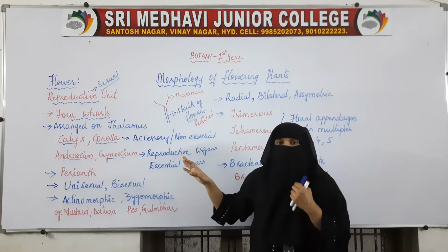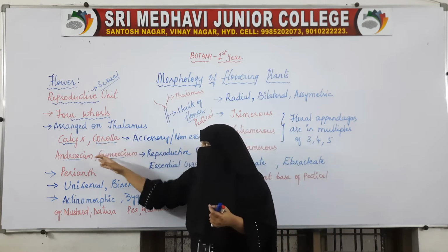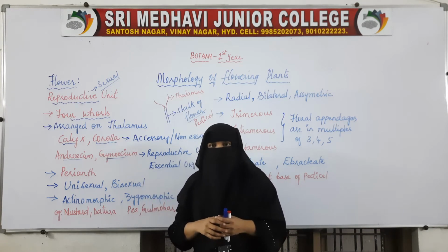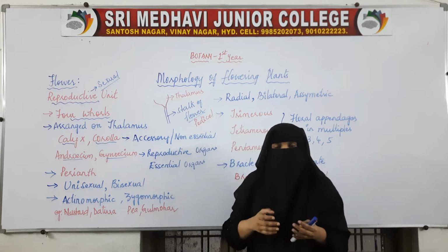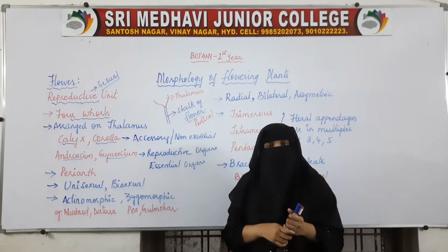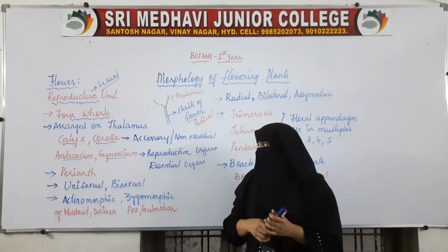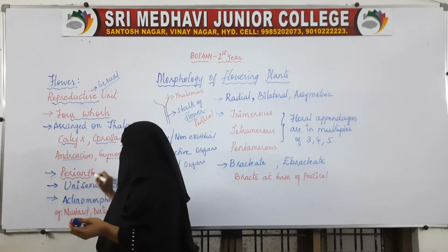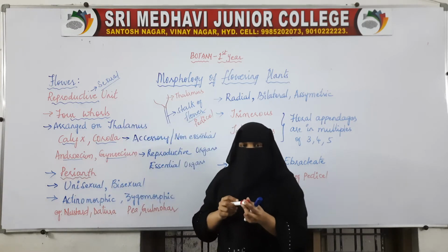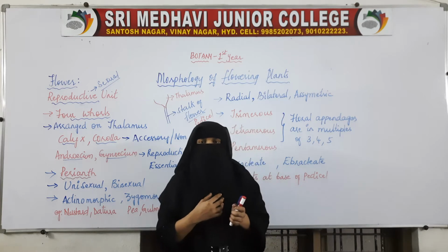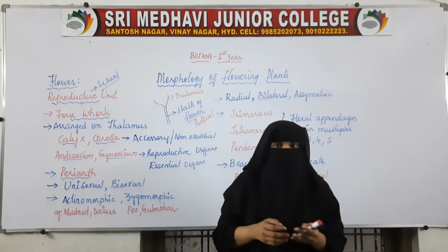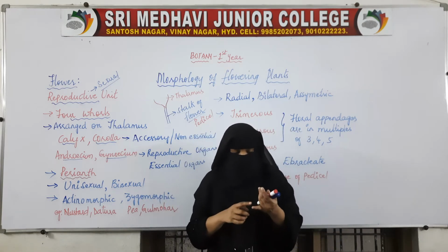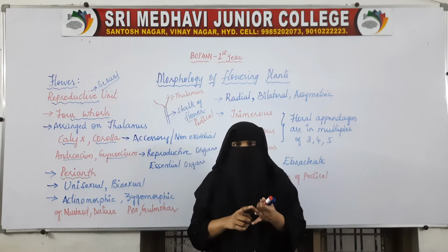So, before we move on to the structure of calyx, corolla, androecium and gynoecium, let us see some important terms which are related with the flower. The first is perianth. I said a flower may have four parts: calyx, corolla, androecium and gynoecium.